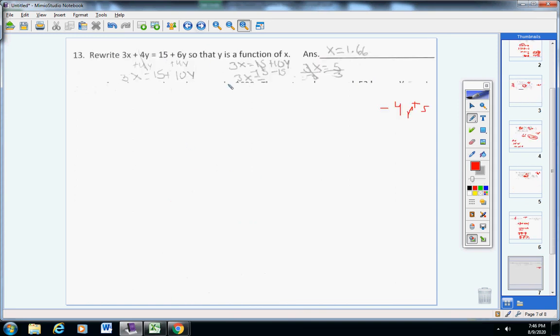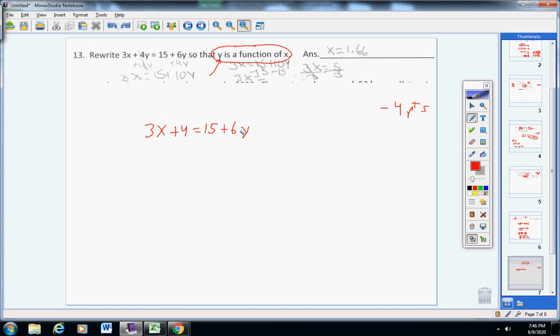All right, now here, whenever I write this function, so that y is a function of x, that means get y by itself. So, can I simplify this side?